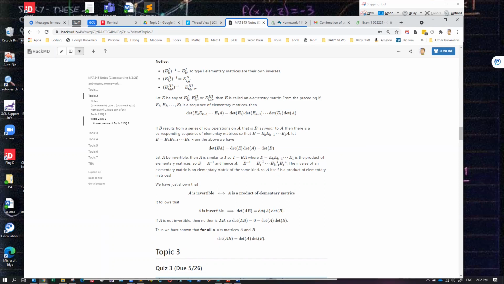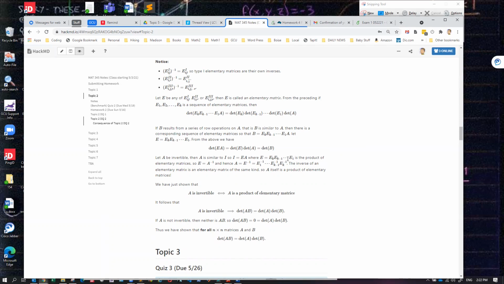Okay, and then the point here is that this product is invertible, because we also had an exercise like that. Say this is a type 1 row operation. We know the inverse is also a type 1 elementary row operation.